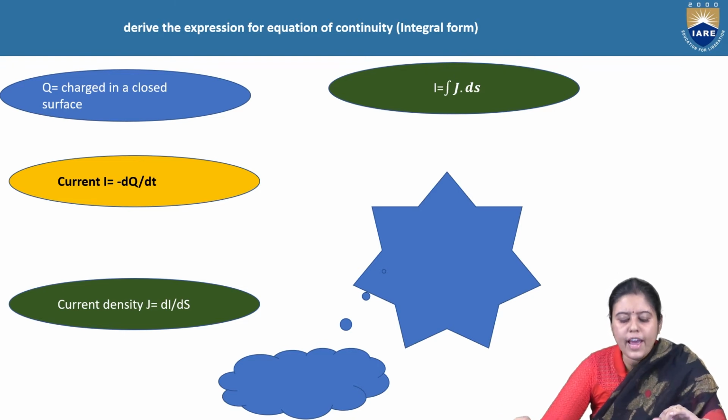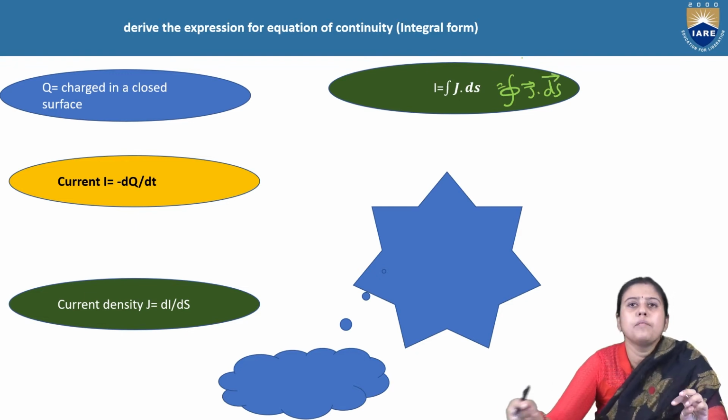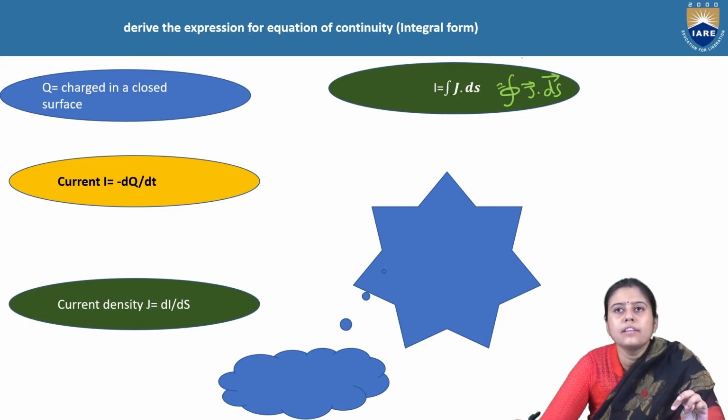So what is I? I is equal to integral of J dot ds. This circle means it is a closed path, and current always flows in a closed path.